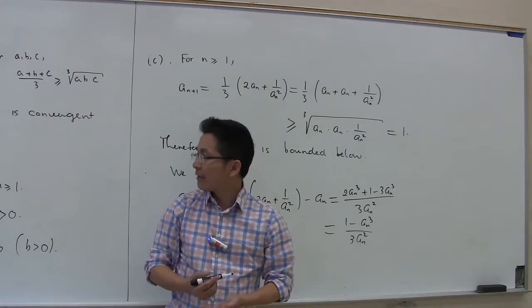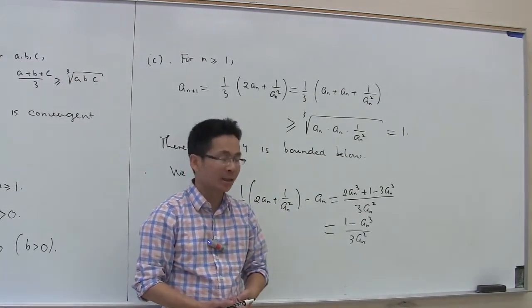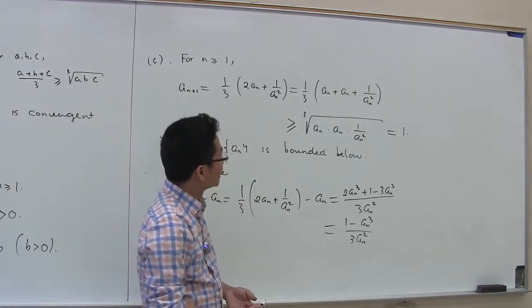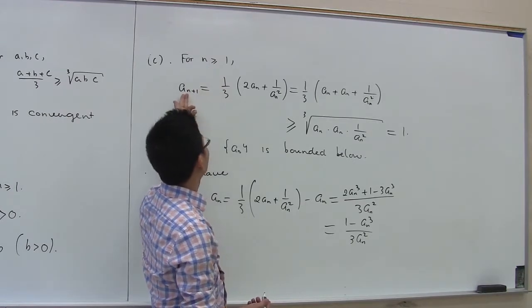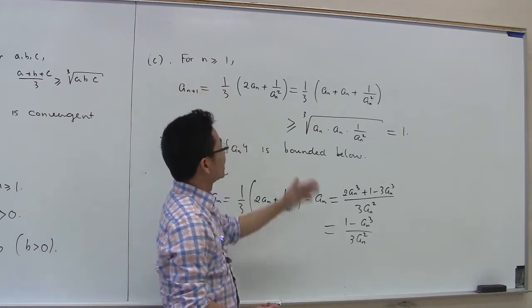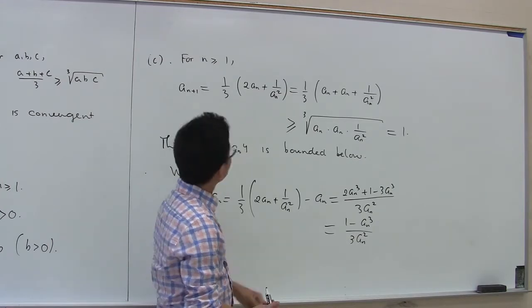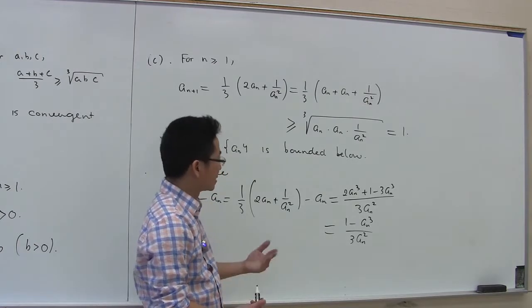So from the definition, because a1 is positive, you can easily show by induction that an is greater than 0 for every n. And in the first part, we already showed that for all n greater than or equal to 1, a(n+1) is greater than or equal to 1. Okay. Therefore, a2 is greater than or equal to 1, a3 is greater than or equal to 1, and so on. Okay.